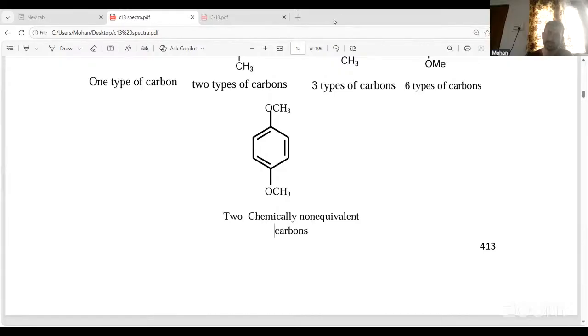So why is it three? For these two, there is one here, this is two, and this is the other. So there are three chemically non-equivalent carbons here.